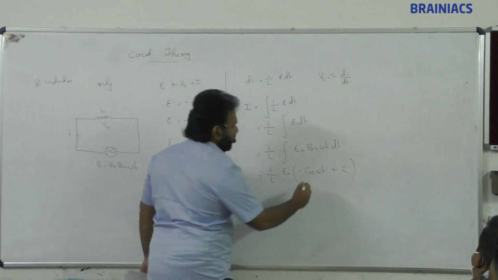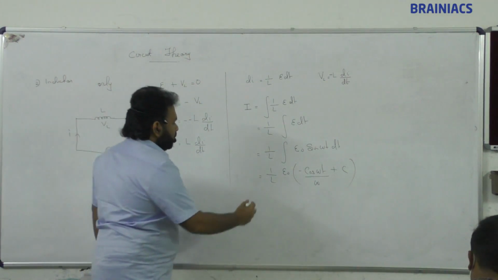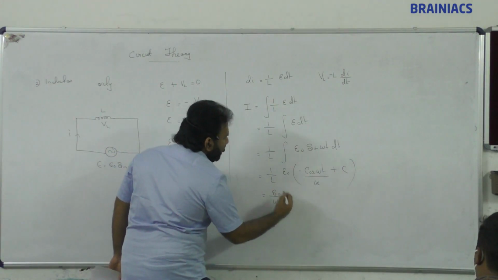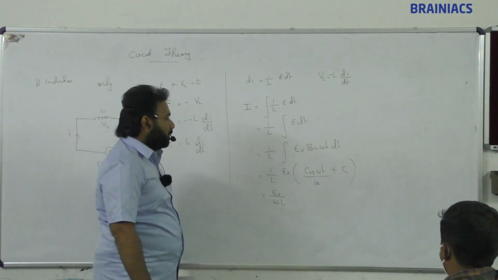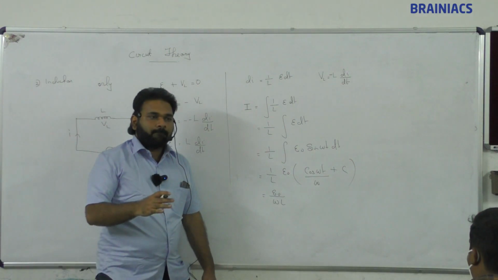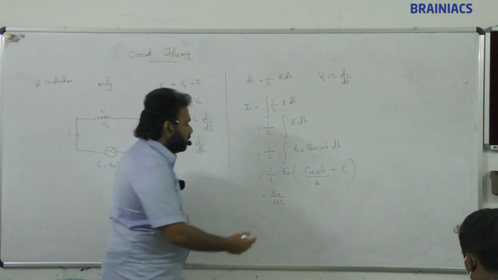Divide by omega. Okay, so E naught by omega L will be taken. I am sorry, the integration of sin omega t is cos omega t, but oh, minus is there.